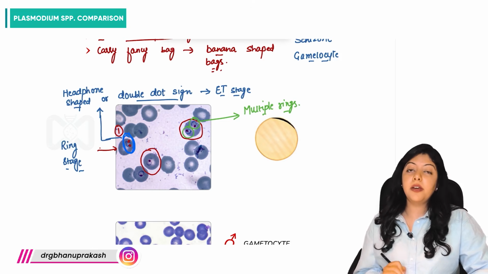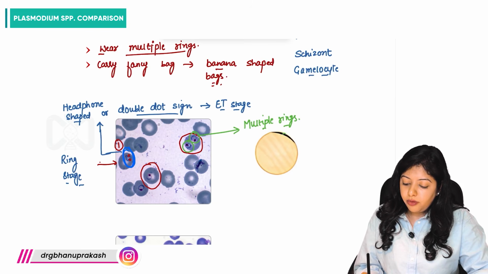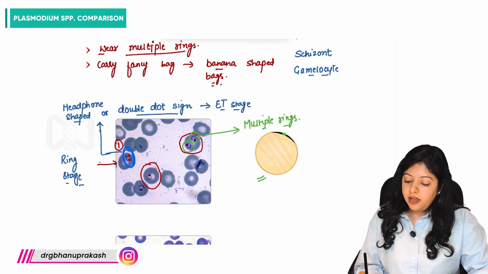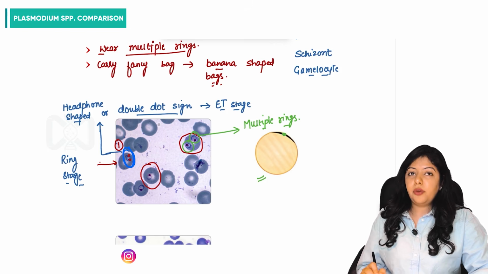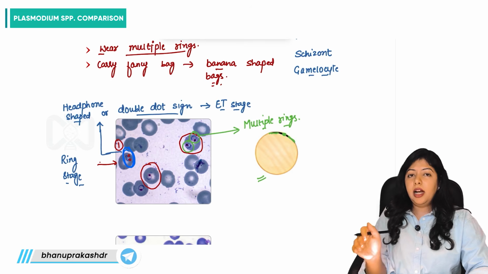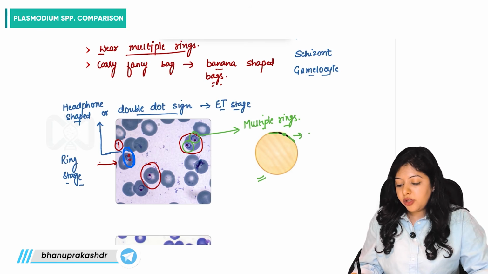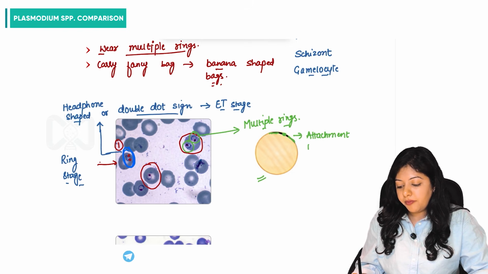So this shows multiple rings in Plasmodium falciparum. Third thing, we also get this form in this image where the trophozoite stage is seen attached at the RBC membrane, at the outer portion. It is attached above the RBC. It is nothing but the attachment to the RBC membrane.